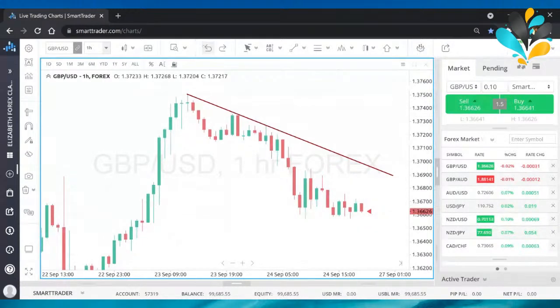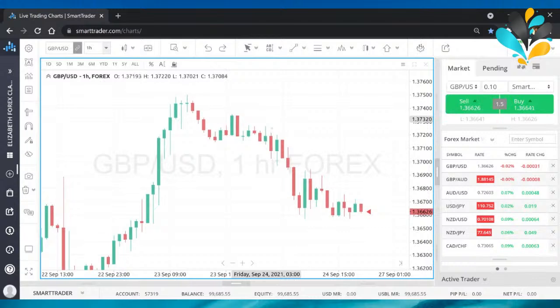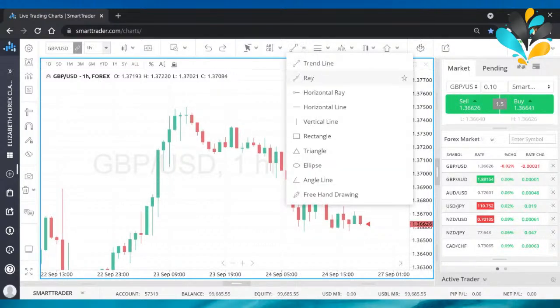All right, guys, you can also undo or redo. So I just want to show you guys what happens when you select it and select the trash can, because it wasn't doing it for a moment there. All right. So those are the trend lines.